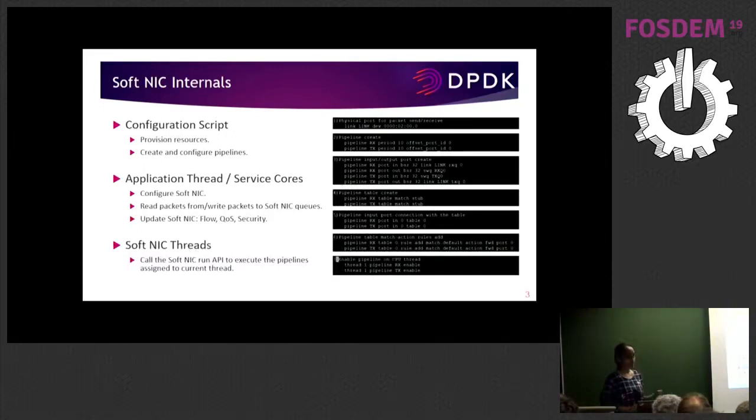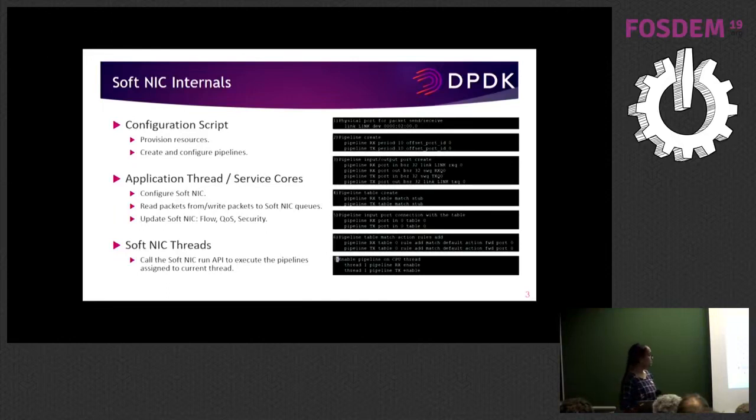These service cores are facilitated by the EAL in DPDK. Other than the service cores, application threads can also do the configuration and creation of the SoftNIC by themselves if they would like to.